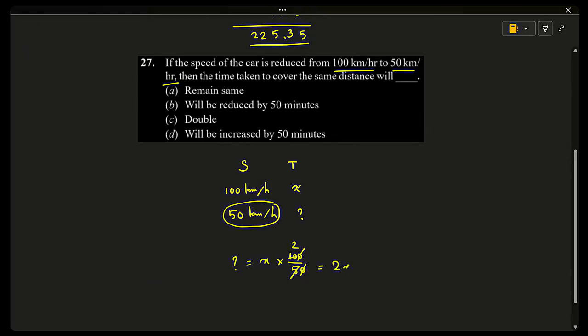So it is 2x. So what is the change happened from x to 2x? It got doubled. So option is C. 27 is C. Next question.